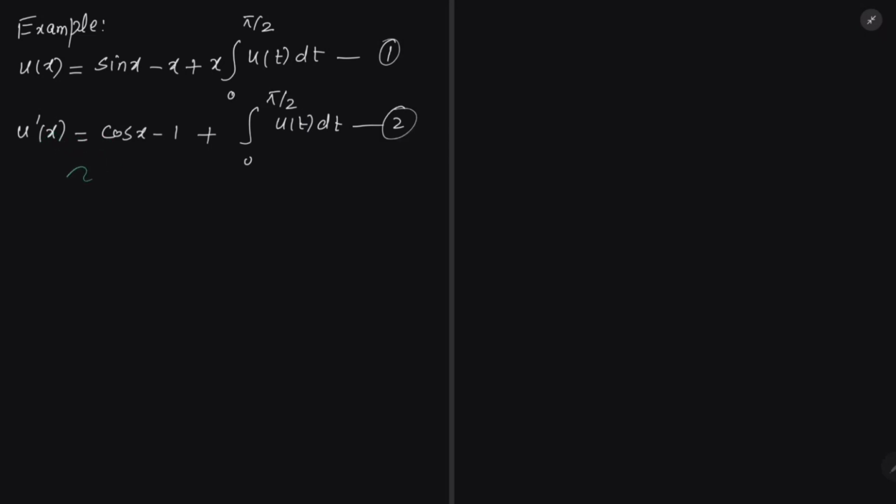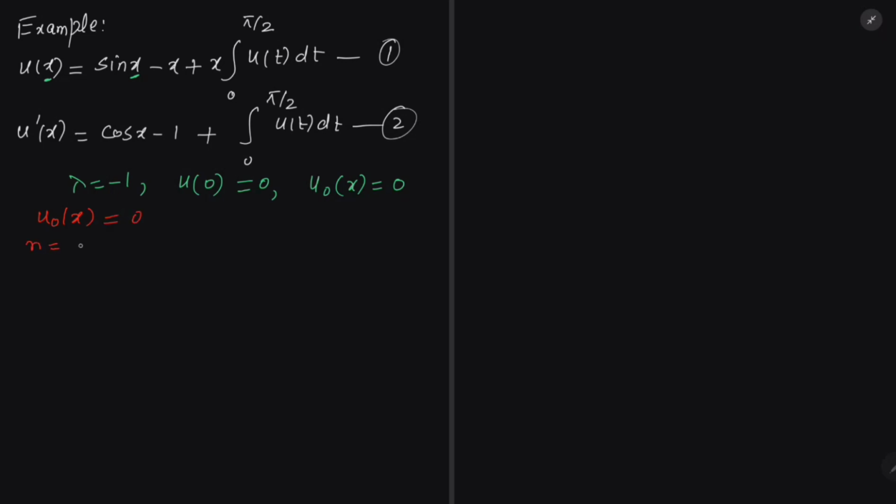Since this is a first order differential equation, lambda is equal to minus 1, and when I put x equal to 0 over here, you get u(0) is 0. So it means that the initial approximation is equal to 0. We write the correction functional equation; I do not want to repeat that over here. u0(x) is equal to 0.